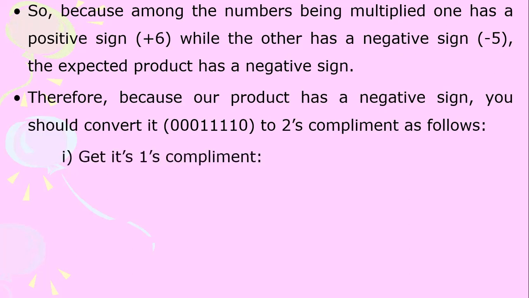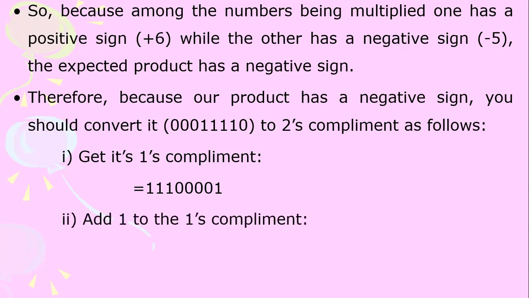Step number 1, we get its 1's complement by alternating the 0's to 1's and the 1's to 0's. That gives us 1, 1, 1, 0, 0, 0, 0, 1. That is the 1's complement for 0, 0, 0, 1, 1, 1, 1, 0.